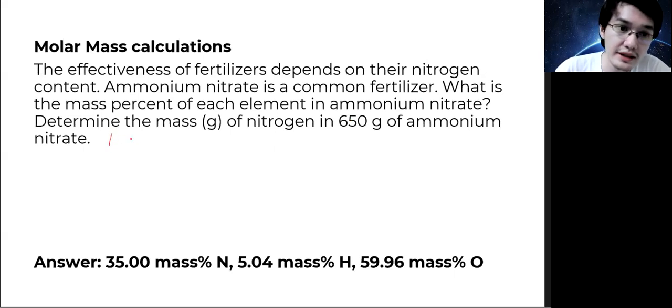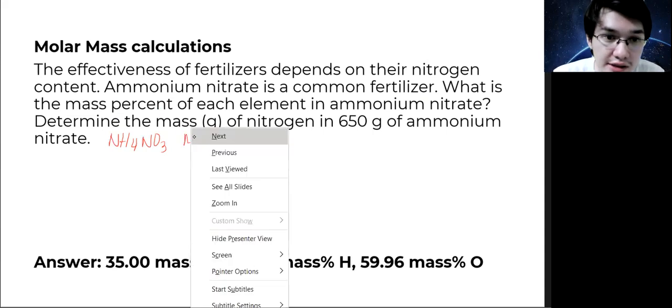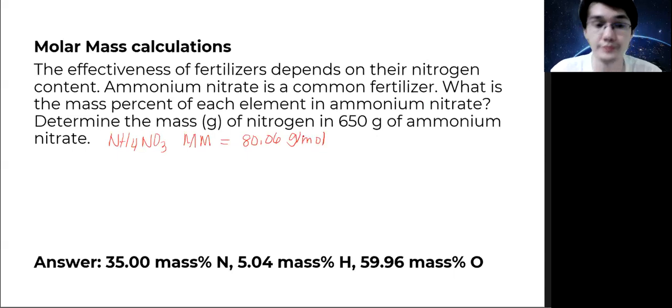Ammonium nitrate is NH4NO3. And it has a molar mass of 80.06 grams per mole.